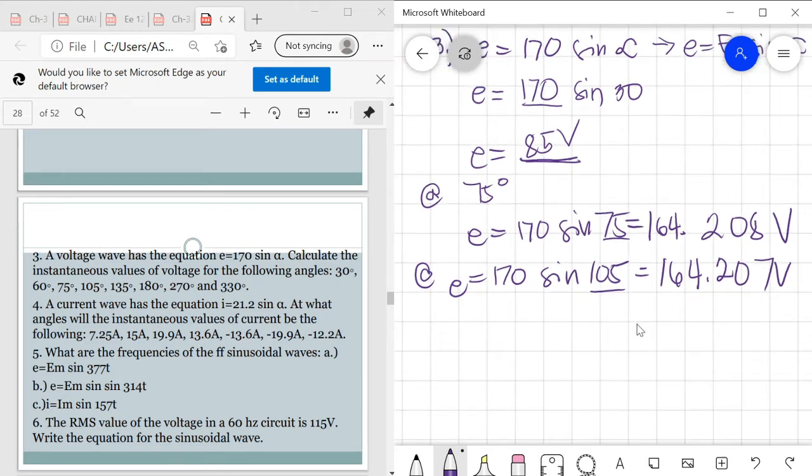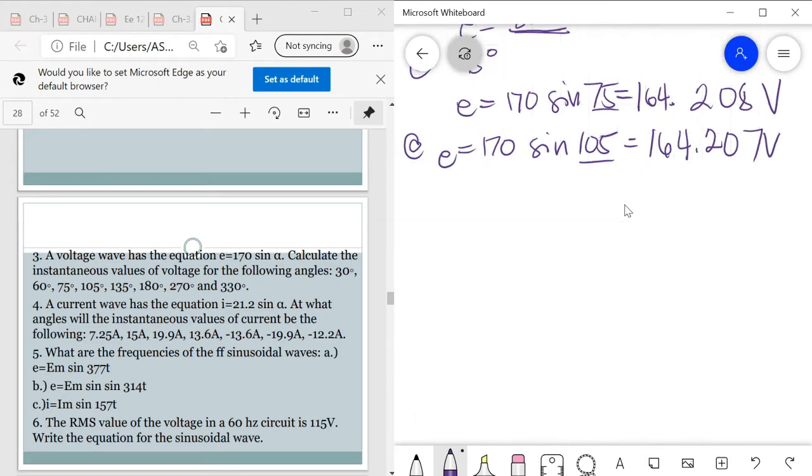So, anong ibig sabihin yan? So, if we go back to our sine wave, so since this is in phase, the sine wave will be at t is equal to 0. Our phase angle is t is equal to 0. Our first one at 75 degrees, so this is 90. Let's say this is 75.